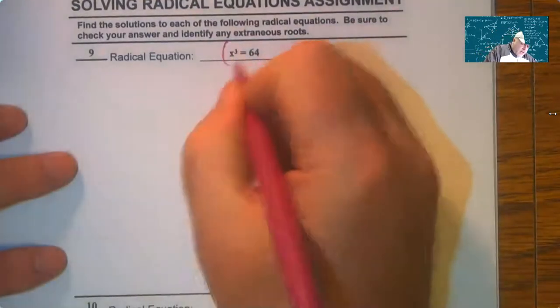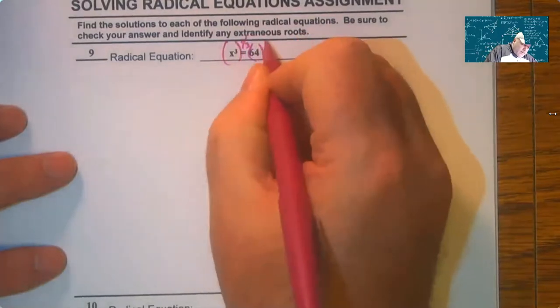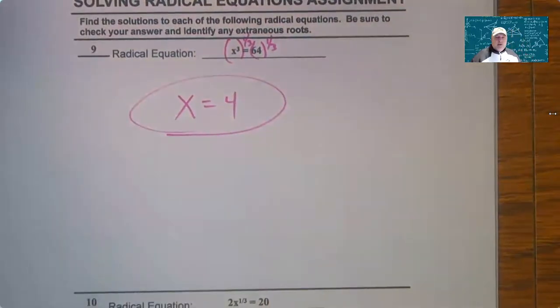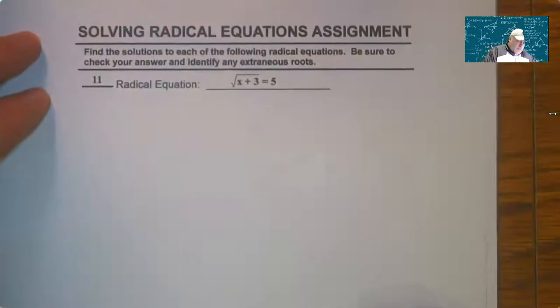So raise each side to the 1/3 power here. And so 4 is it. And so the numerator is odd. We do not have to worry about losing any roots. Problem 11, square both sides.